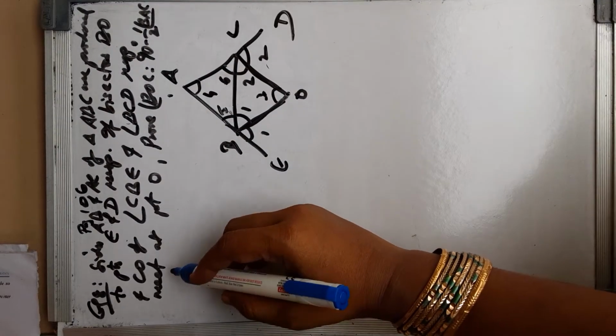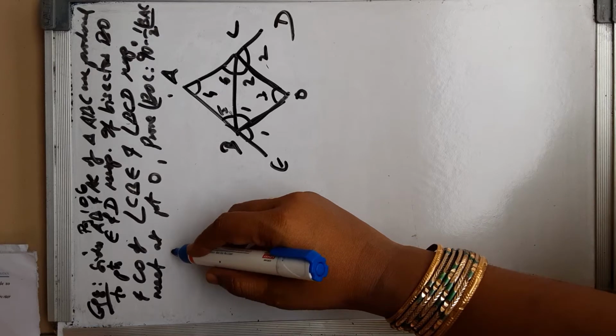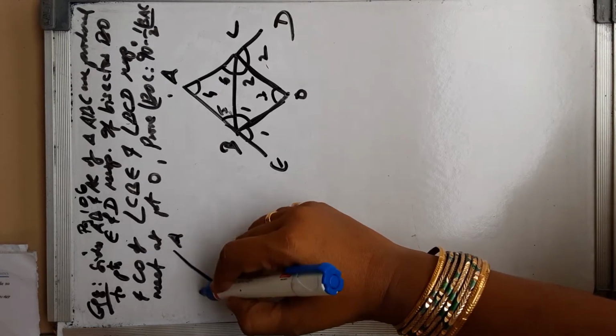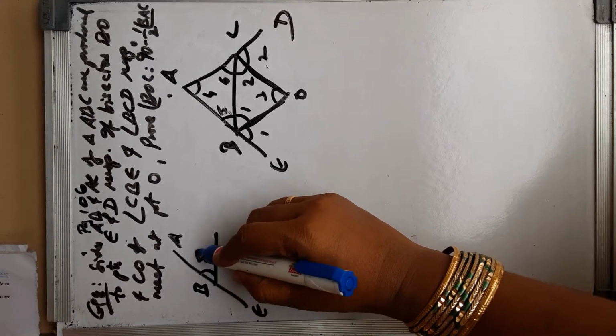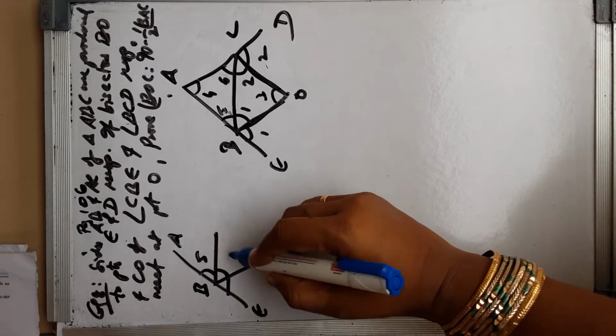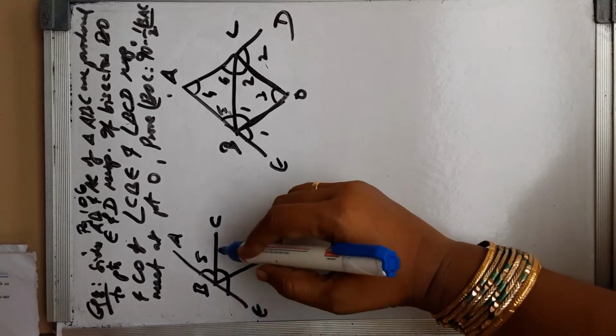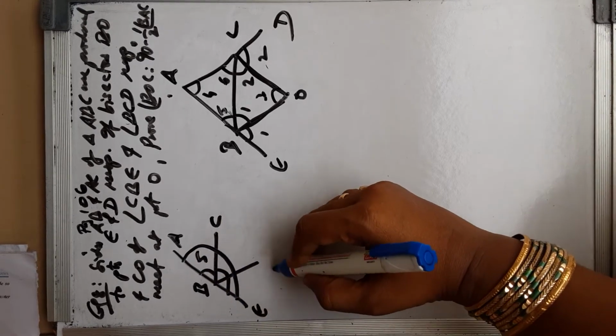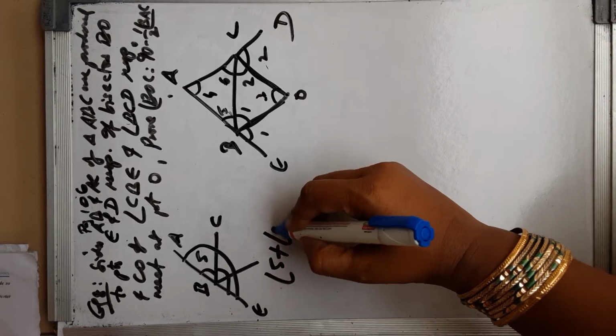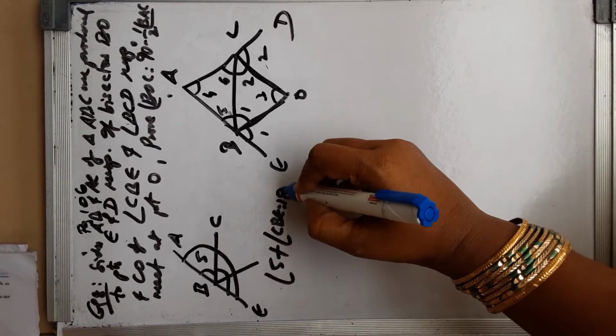This problem needs to be dealt in parts, like the LHS part, namely the ABE with the linear pair of angle 5 and angle CBE. 5 plus CBE form the linear pair, which is nothing but 180 degrees.